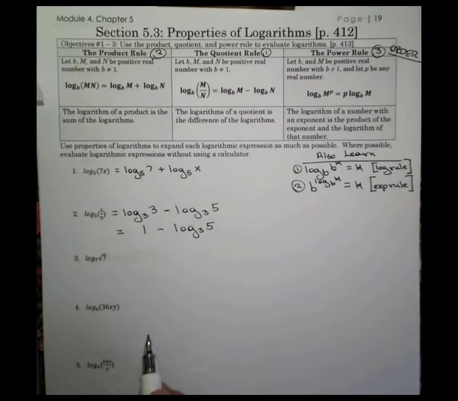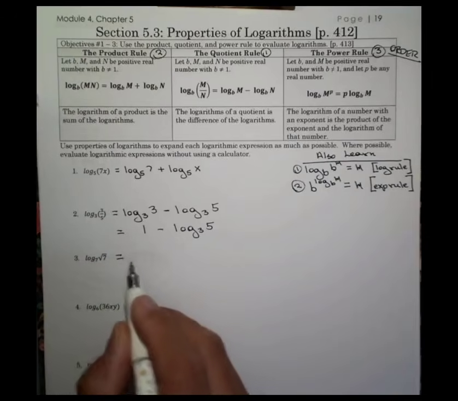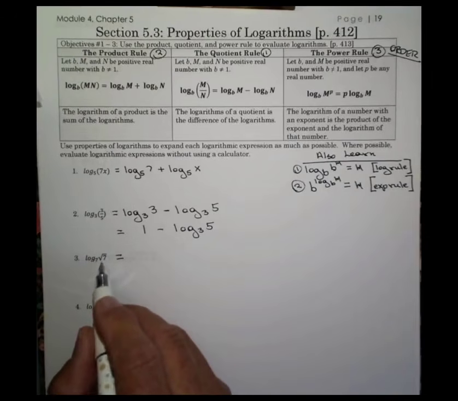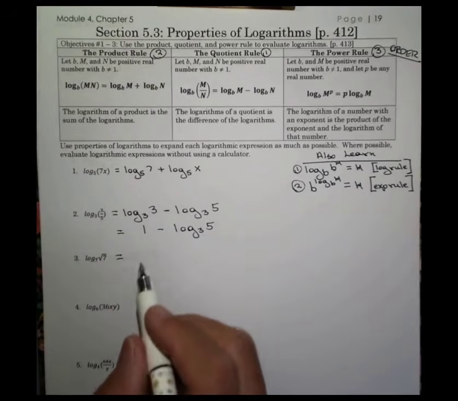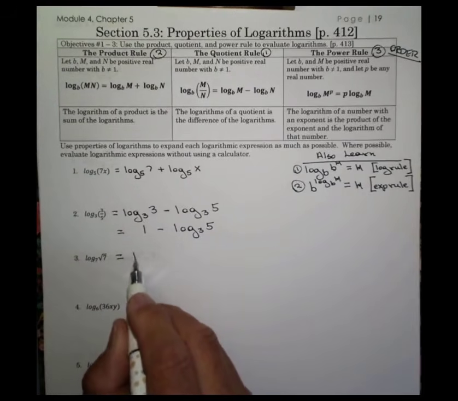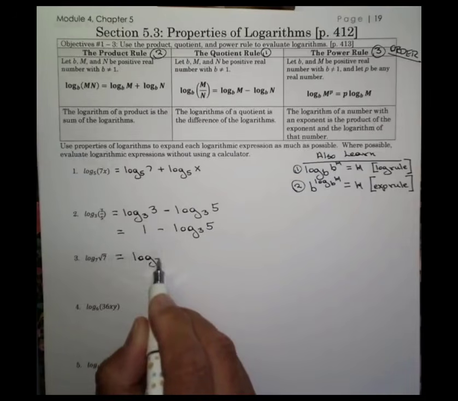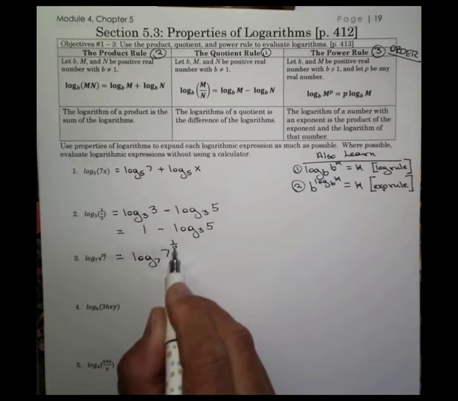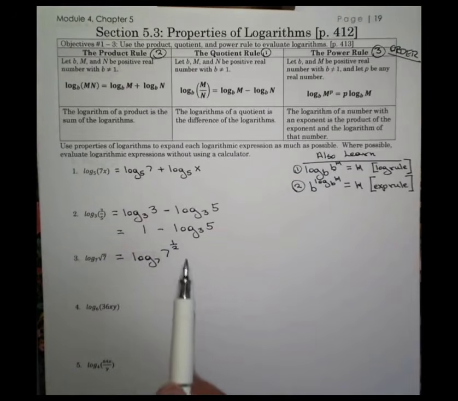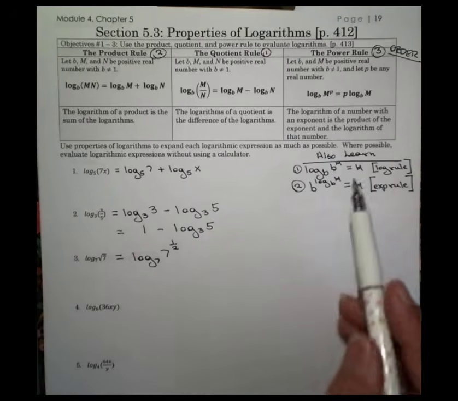All right, let's do this next one, and they're going to get a little more complicated as we go on. So let's say this one is really the square root of 7. Now, what am I doing with the square root of 7? Well, I look at all radicals as fractions. So I'm going to say this is really log base 7 of 7 raised to the power of 1/2. Now, when I have this 1/2, I can go ahead and do what I said over here.